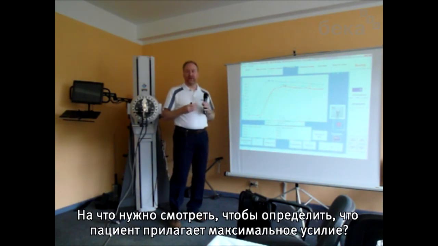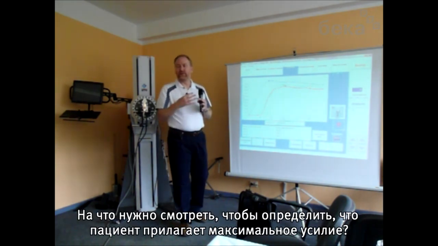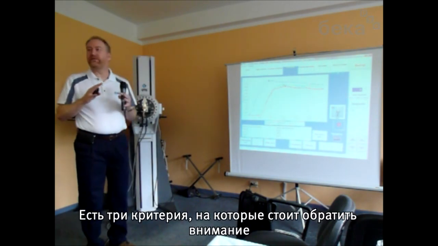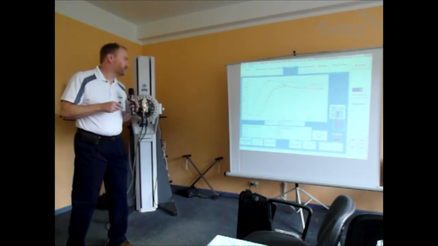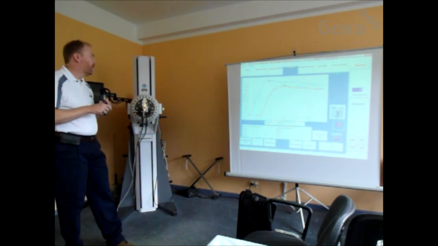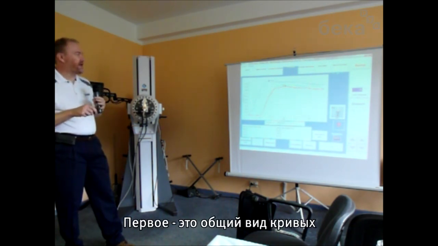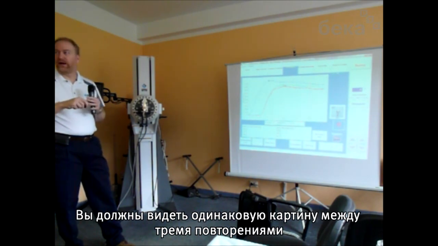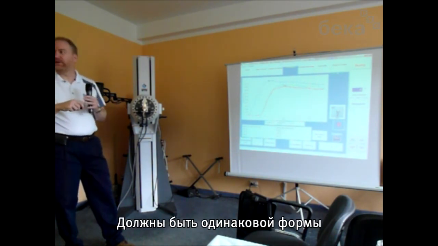So what you look for at this test in determining whether this person is probably giving you their best effort is there's really 3 criteria you can look at. One of those is just the general shape of the curves. You should see a similar pattern between the 3 trials. You should have a similar shape to them.